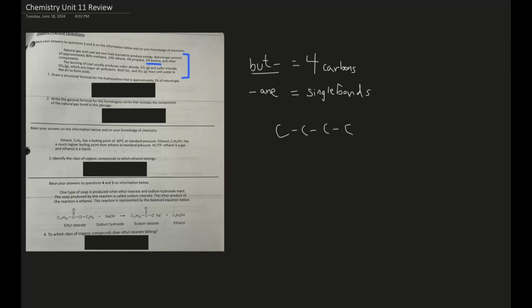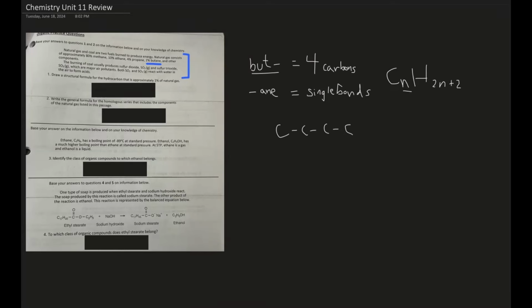Well, we can use the formula that is provided on the reference table as well. If we go to table Q, alkanes, the general formula is as follows. So carbon, N, hydrogen, 2N plus 2. So what does this mean? So N is just the number of carbon atoms, right?